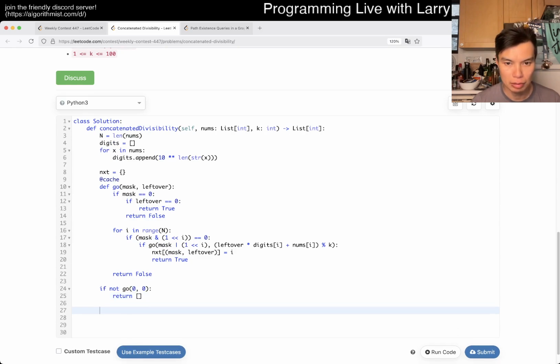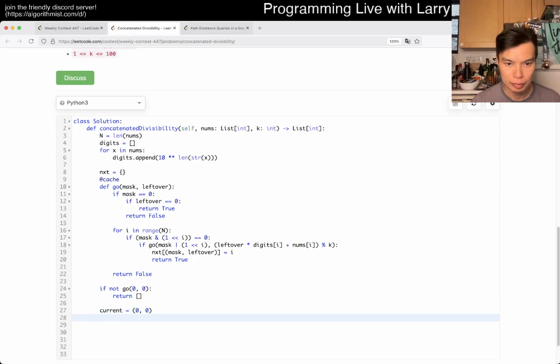Otherwise, then now current is equal to mask 0, 0, 0. I mean, this is technically right. I want to be a little bit cleaner.